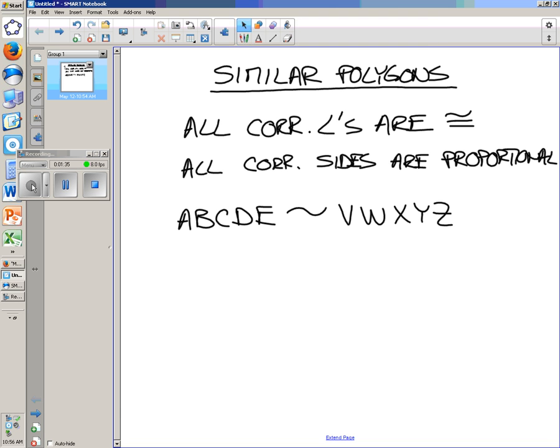Well, it may ask, list the angles that are congruent. Well, A is going to be congruent with V, because the angles corresponding are congruent.